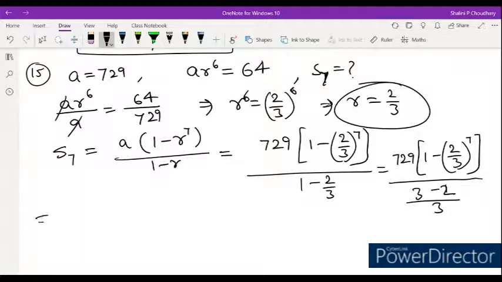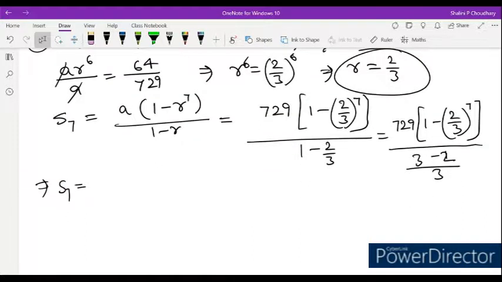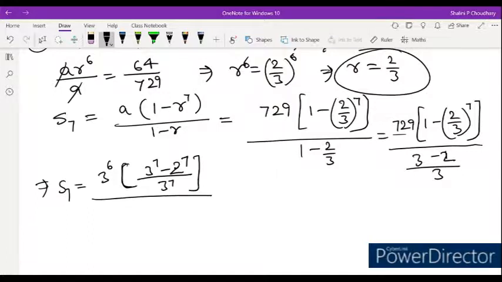Okay, so S7 will be equal to, 729 is basically 3 to the power 6, and this is 1. Now here what we'll do: 3 to the power 7 minus 2 to the power 7 divided by 3 to the power 7, and divided by 1 upon 3.